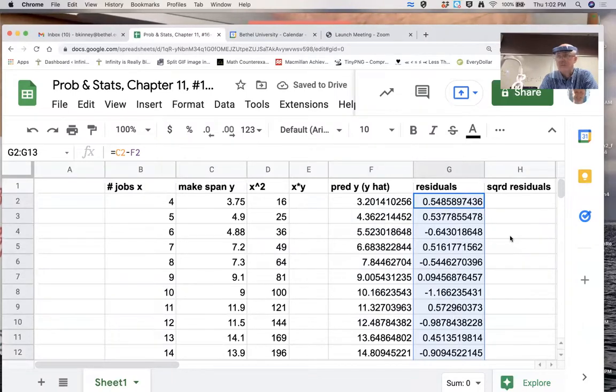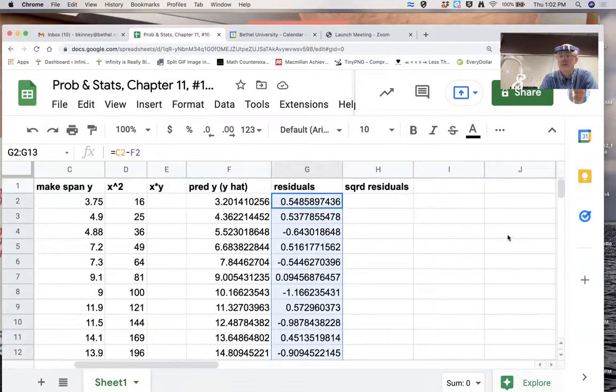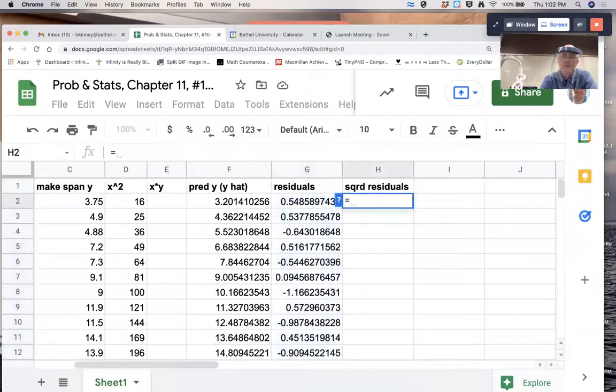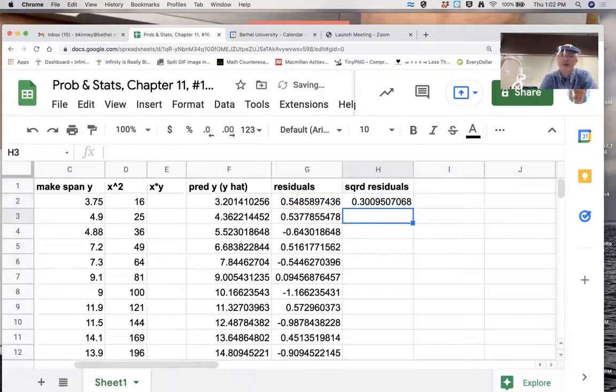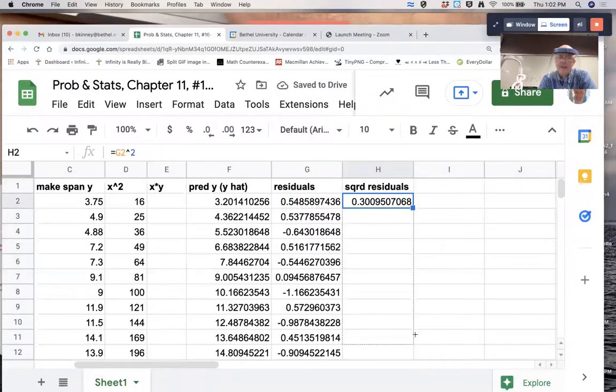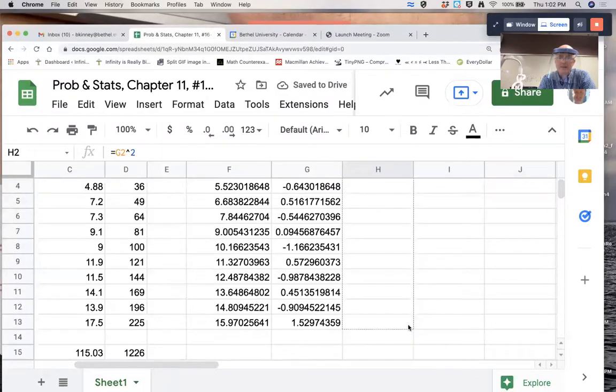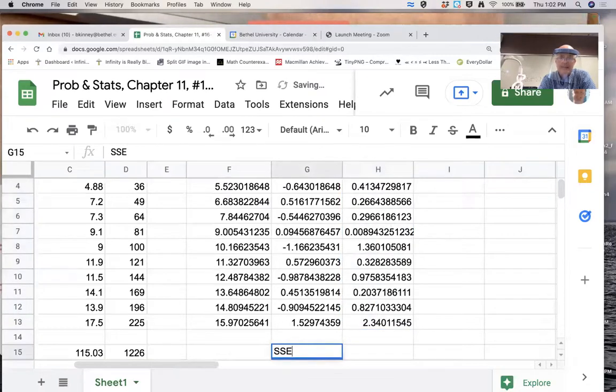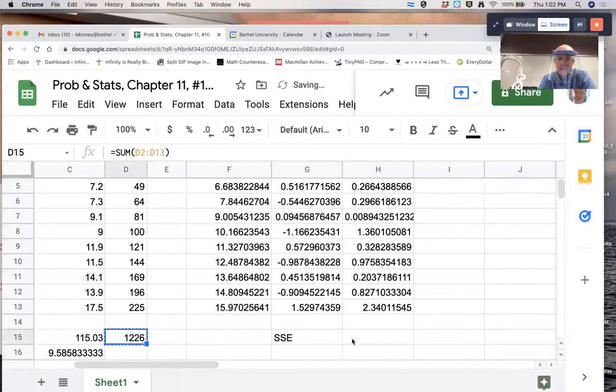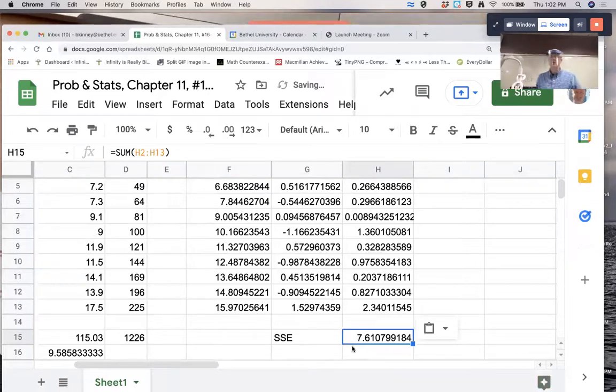The residuals actually have to sum to 0. Square them, and then add up those squares, and you get our friend SSE. It is about 7.61.